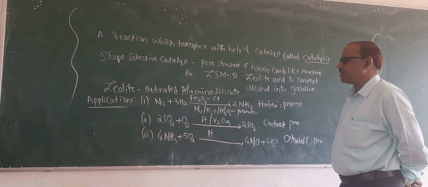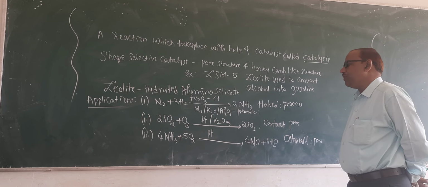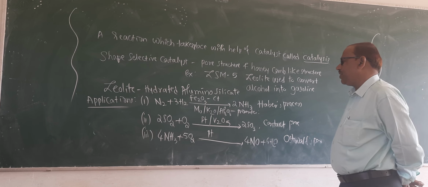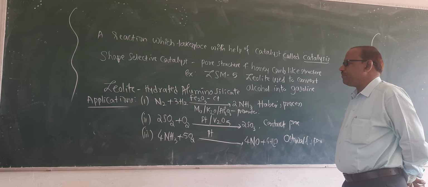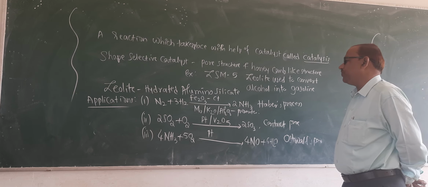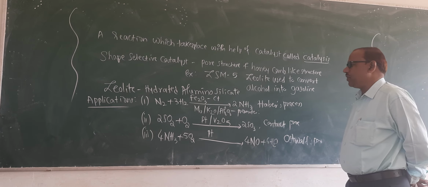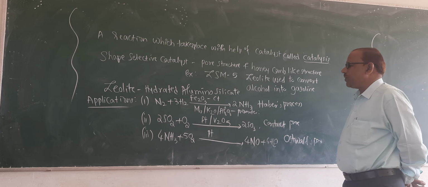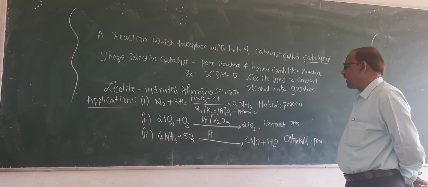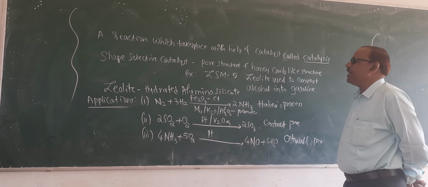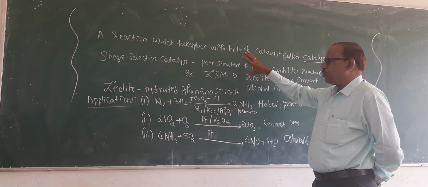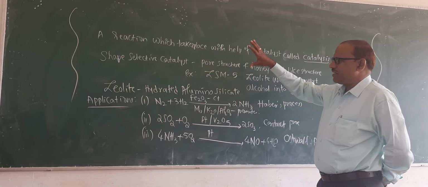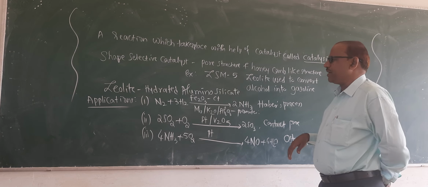Zeolites are nothing but hydrated aluminosilicates, among which one of the best examples is ZSM5, which is used to convert alcohol directly into gasoline. Okay, mainly you have to indicate that it depends on the pore structure and size of the particle.